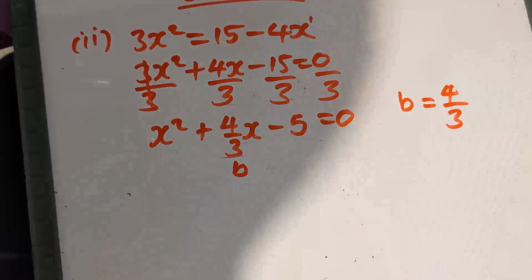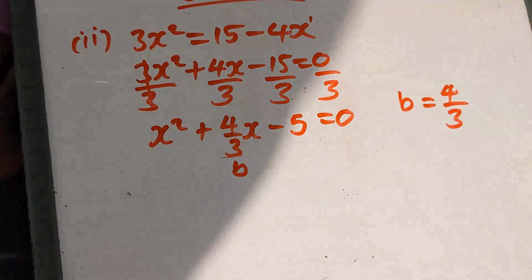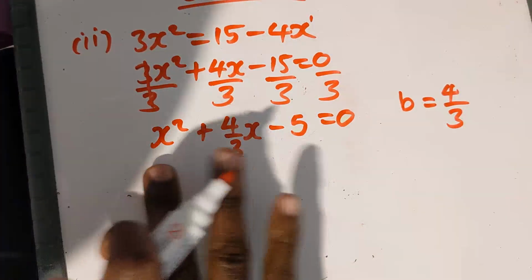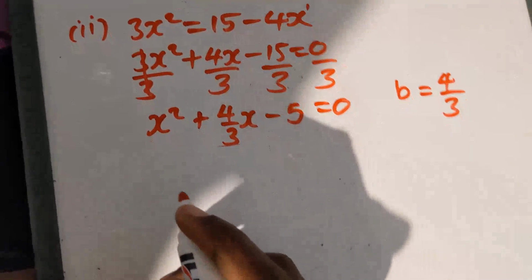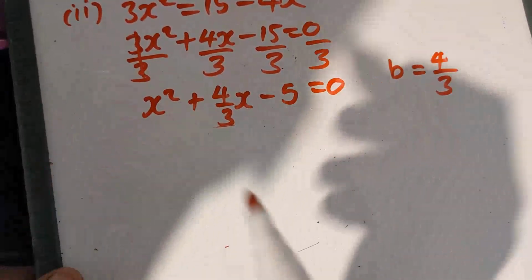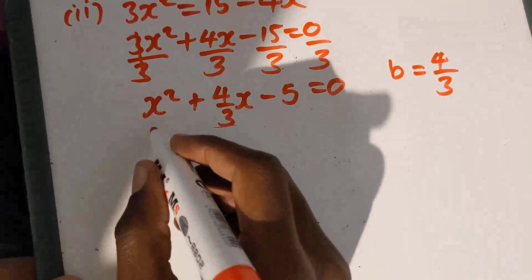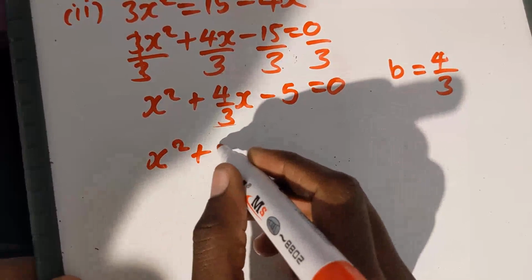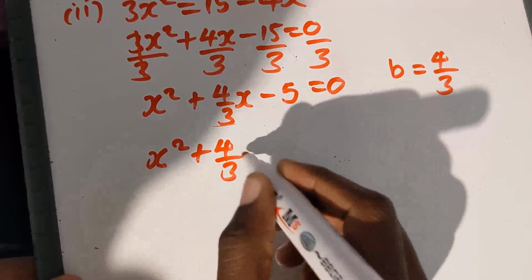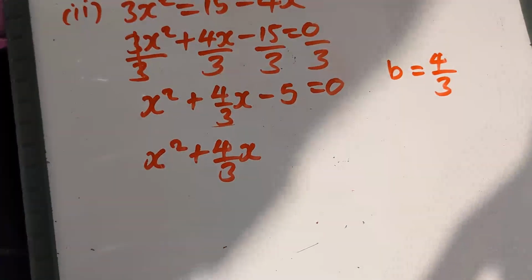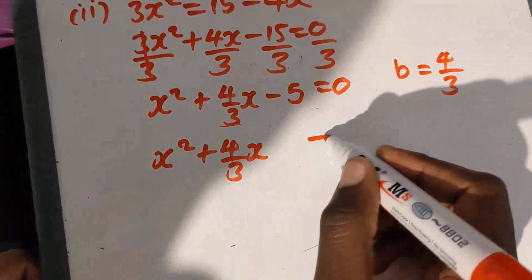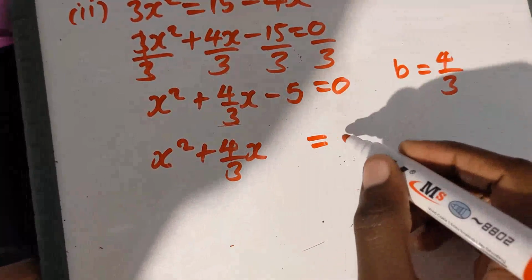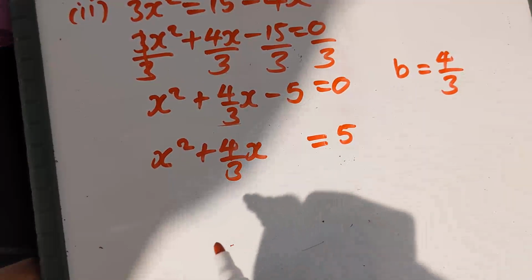That is our B. So let's solve this equation according to how we solved the last equation. We are going to have x squared plus 4 over 3x. That is the first step that we did. Then you leave some space. This constant, when it comes to this side, becomes positive 5, like that.